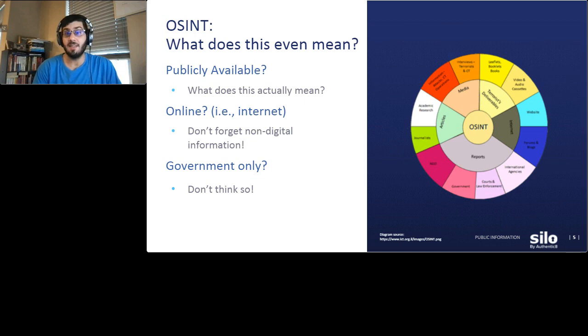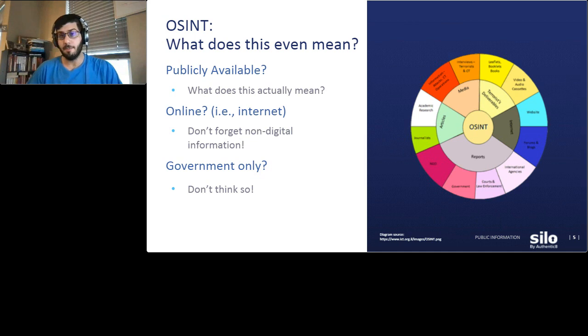Now, that doesn't mean that some of these things couldn't be behind paywalls, might require a free account to log in, or that there may not be special tools, skills, tactics, etc. related to that collection. It's just that you shouldn't have to use them to be able to get access to the data. They're not required.